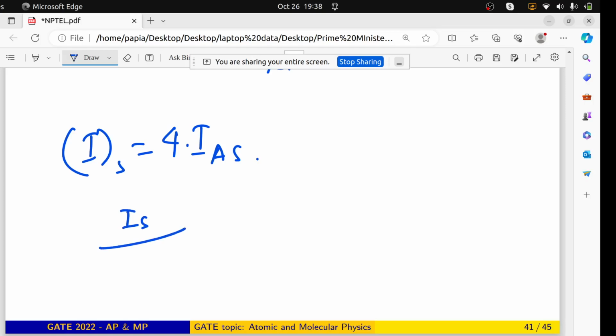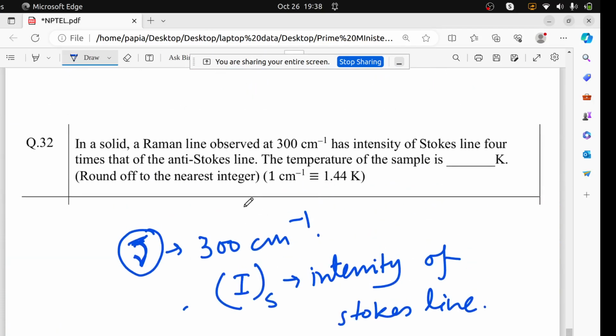Now if I do that, then the value will be 4. Right? Now we have to know what is the relation between intensity and temperature, because they are asking the temperature of the sample. So obviously there should be some relation between the temperature and the intensity of the Stokes and anti-Stokes lines.